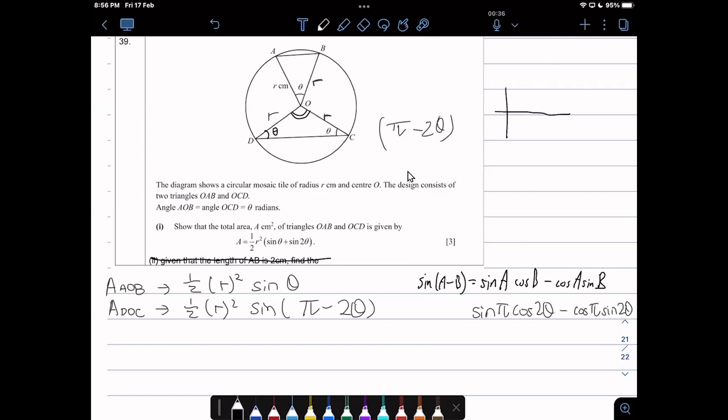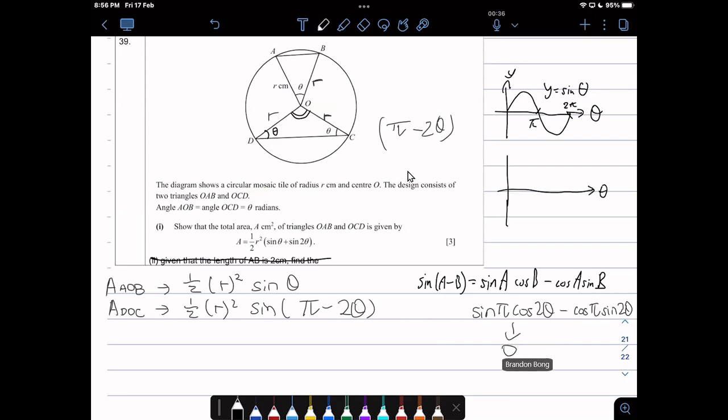Let me draw the sine curve for you. Up, down, down, up. Is it 1? Are you sure? Is it 0? It's 0. Pi is here, 2 pi is there. So you get 0 times cosine 2 theta, which will disappear, right? How about cosine curve?